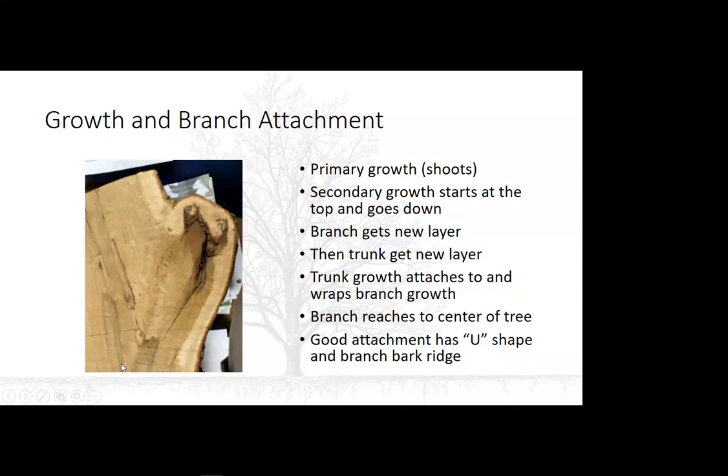And as I said, good branch attachment goes all the way into the center of the tree. It starts when the tree is that size, it starts putting out what will eventually become branches. On the outside, what you will see is the branch angle or the crotch here is open.